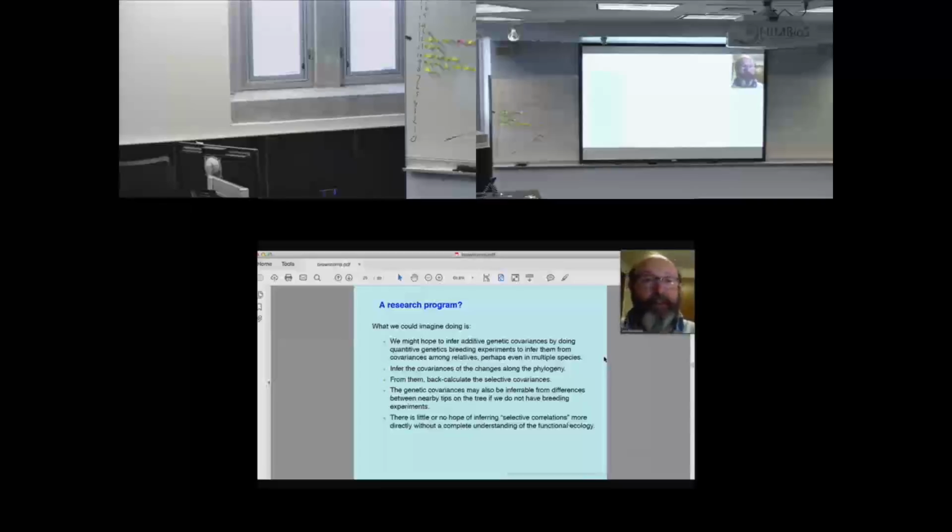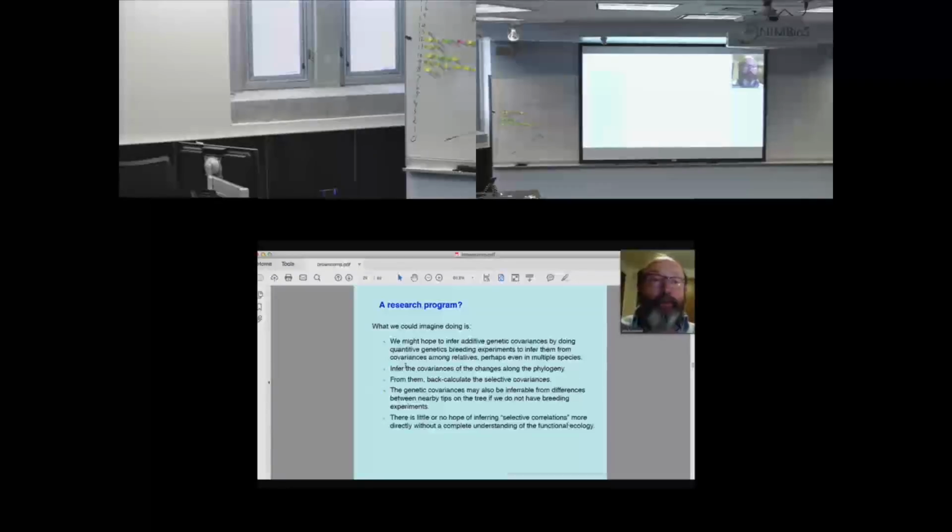Now, I realize a lot of people work on things that you can't do quantitative genetics on. I don't think anyone's ever done quantitative genetics on whales, for example. But if you had an organism that you could breed in the lab, you could imagine making estimates of the genetic covariation by standard breeding experiments. And that sort of thing Pat Carter and others have been talking about here.